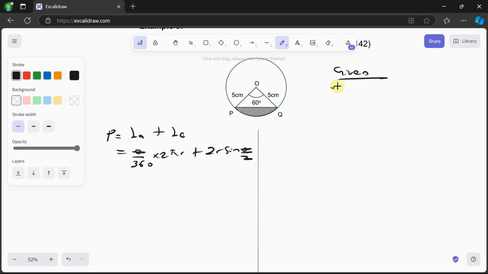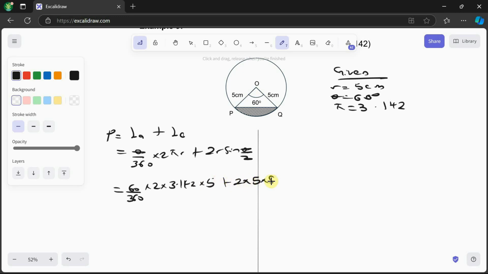We're told that r is 5 centimeters, theta is 60 degrees, and pi is 3.142. So let's substitute. That will be 60 over 360 times 2 times 3.142 times 5 plus 2 times 5 times sine 60 over 2.